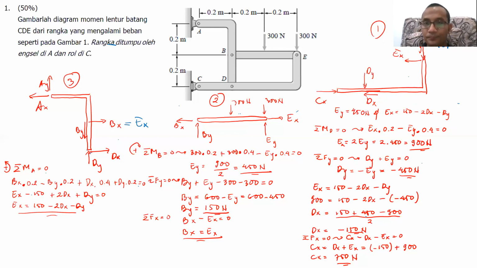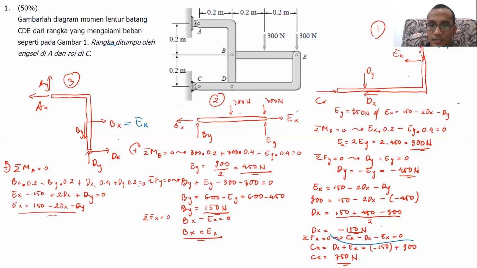Because I already found the value of dx, now I can solve for cx using sigma fx equal to 0. If going to the right is positive, cx minus dx minus ex will be equal to 0.